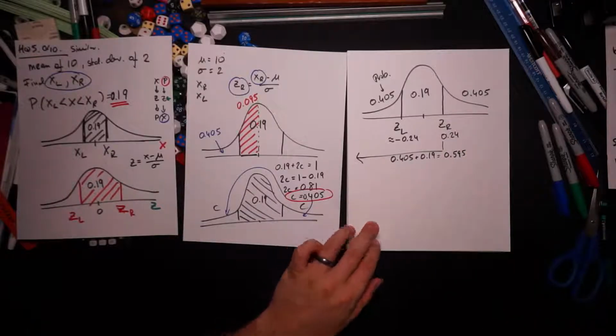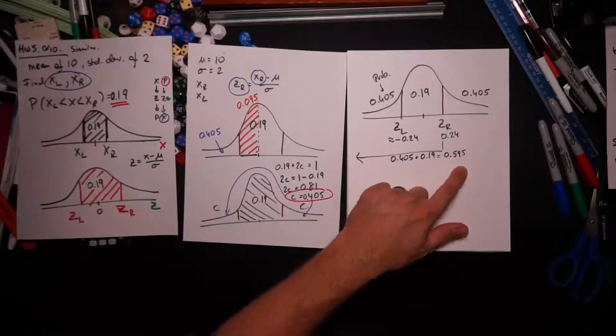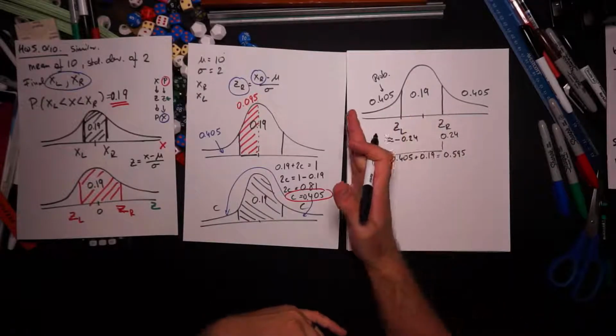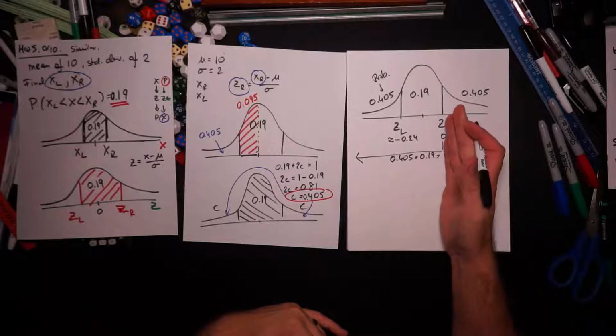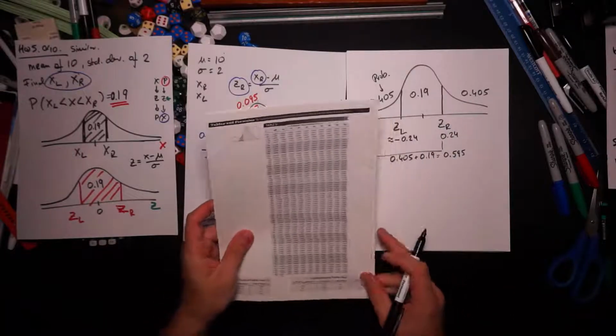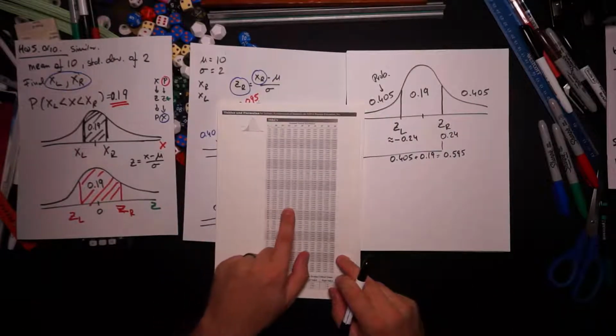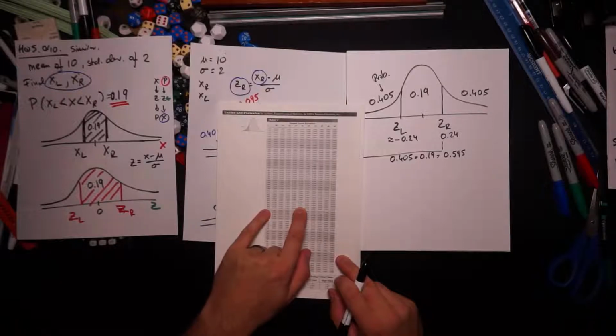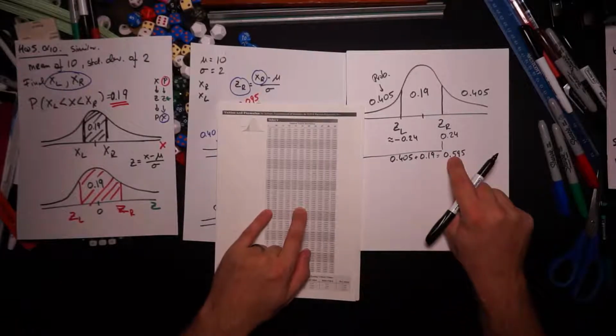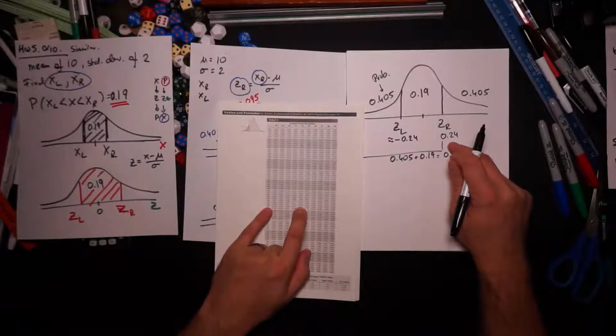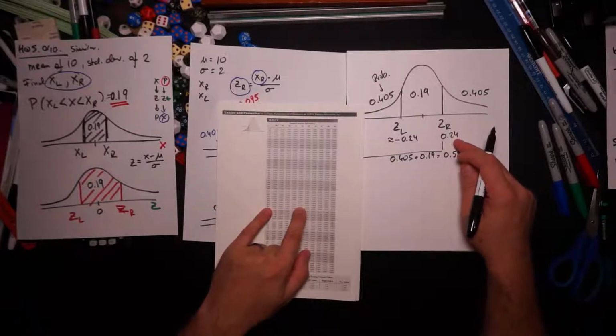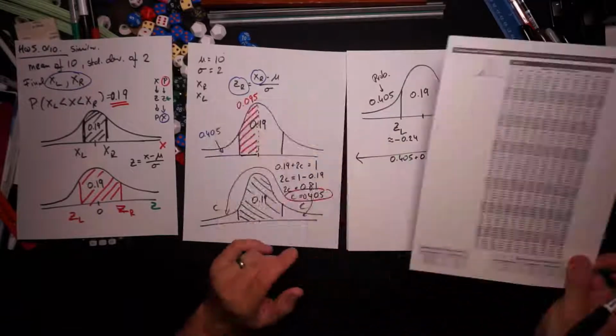If we look up 595, again probability to the left of the z-score, so everything to the left, I get 0.5948, which is very close to this, I get 2.4. Actually 0.24. And it works. So those are the two z-scores.